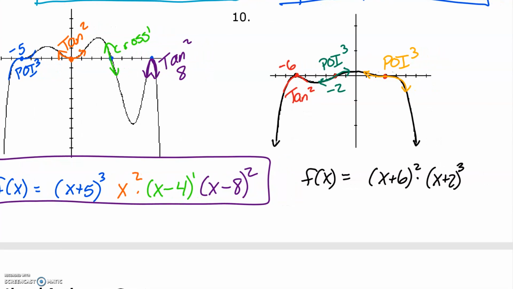Okay, and then our last one is going to end up being x minus 3 cubed. And there you have it.